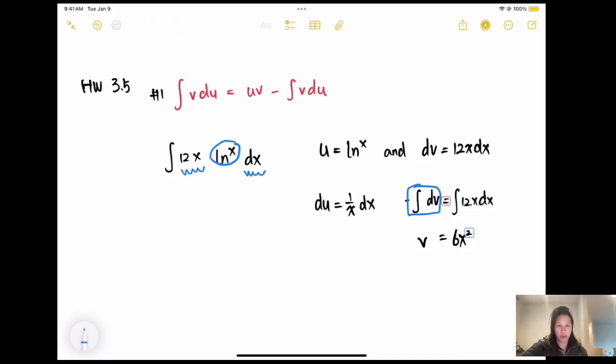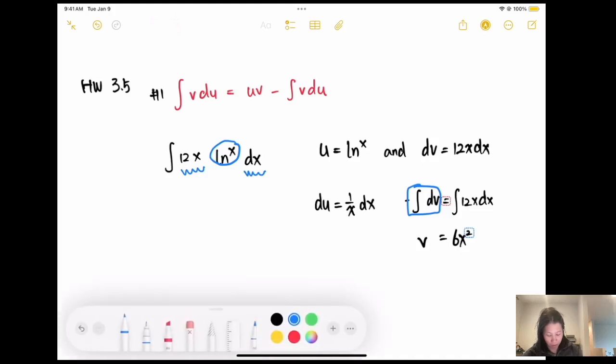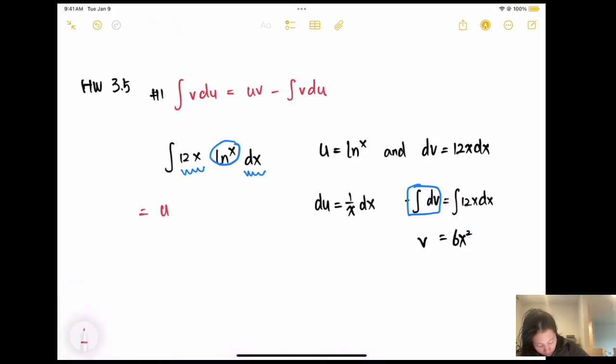Okay, the next step is to apply the integration by parts formula. The formula is on the top in red: uv minus the integral of v du.